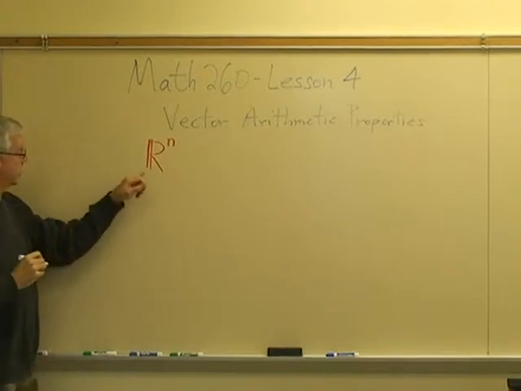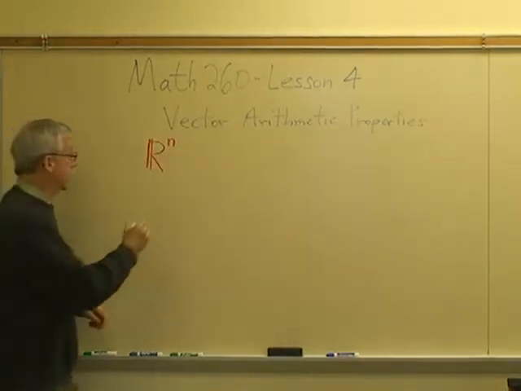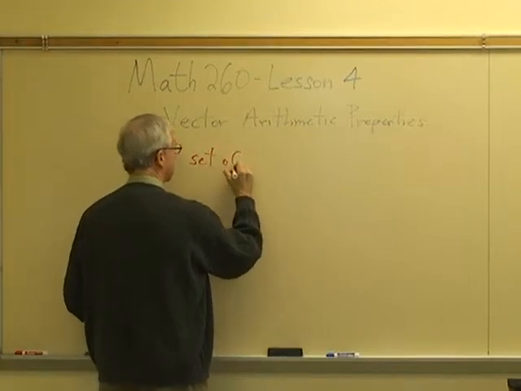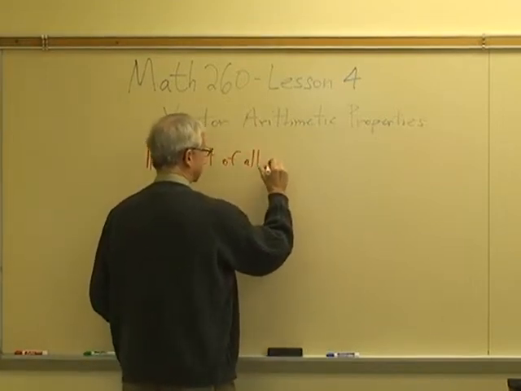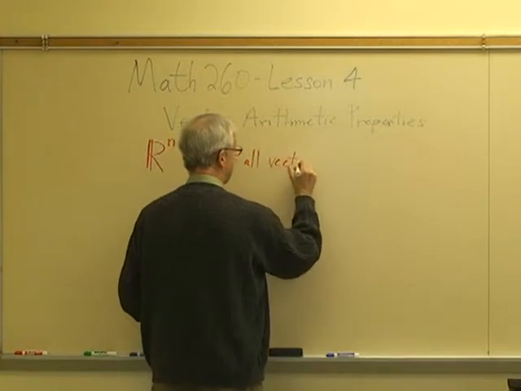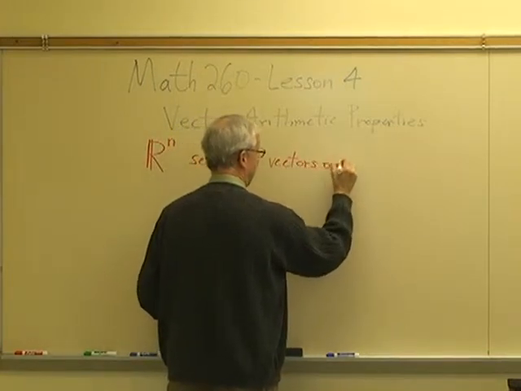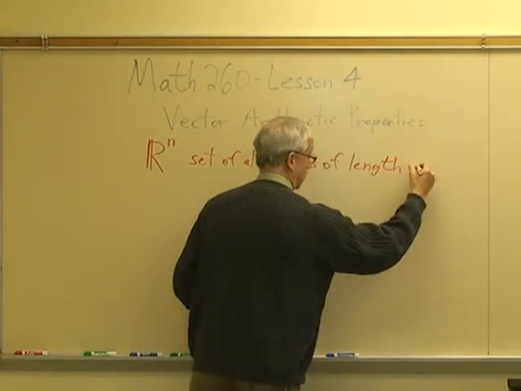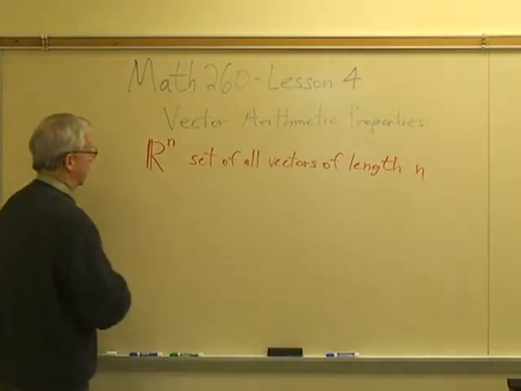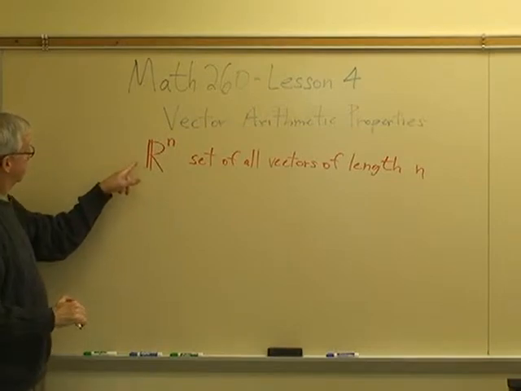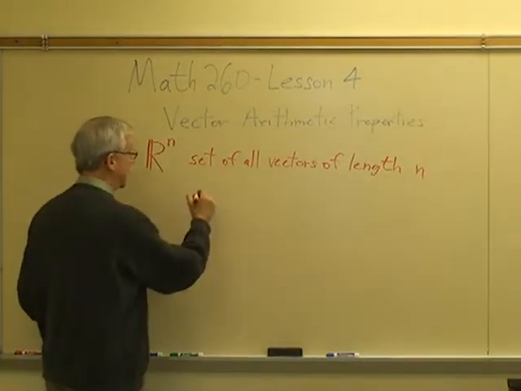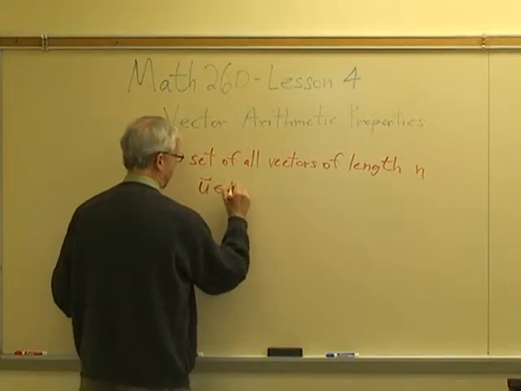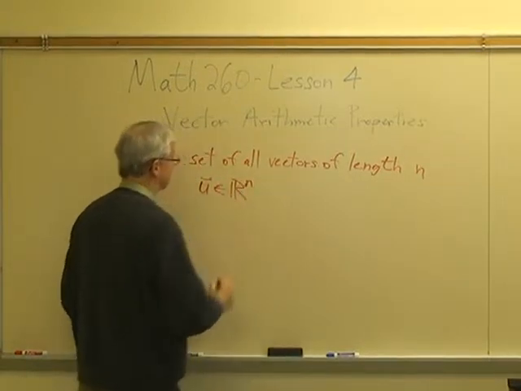We use this symbol Rn to indicate the set of all vectors of length n. And we say a vector lives in this space, it's one of these, by saying u is an element of Rn.